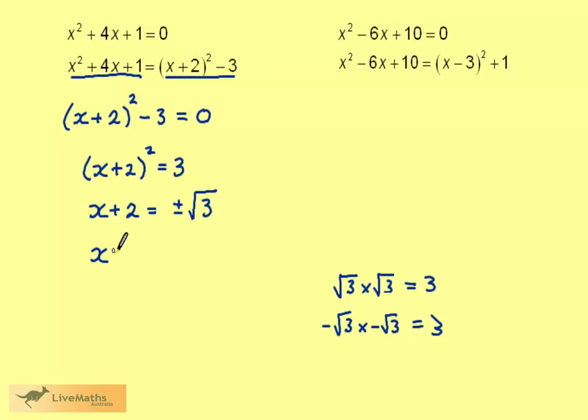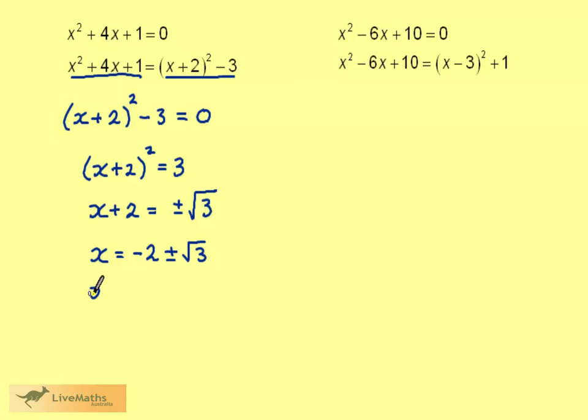Now subtracting 2 from both sides, we get x is equal to minus 2 plus or minus root 3. This gives us two solutions. We have minus 2 plus the root 3, and we have minus 2 take root 3.